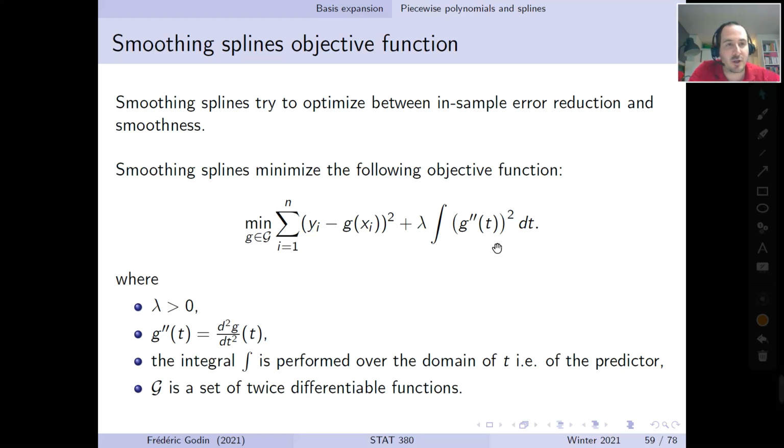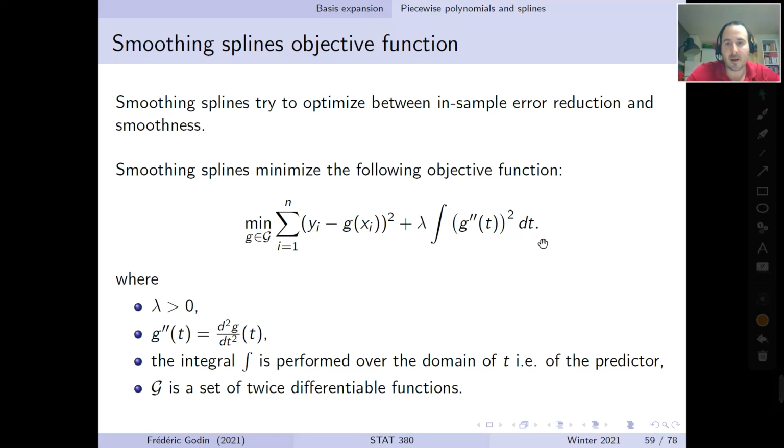So if we want to find some predictive function g solving this problem, we are trying to find a suitable trade-off between accuracy of predictions and smoothness. I want to say smoothness in the loose way, in the sense that you don't have very erratic curves like this, but you have a more slowly varying curve.